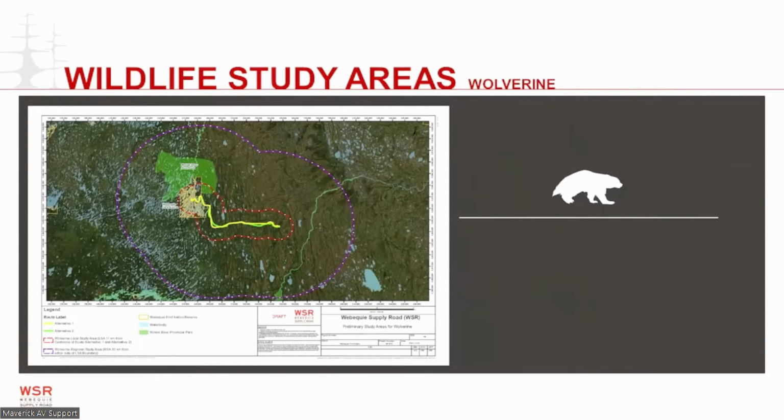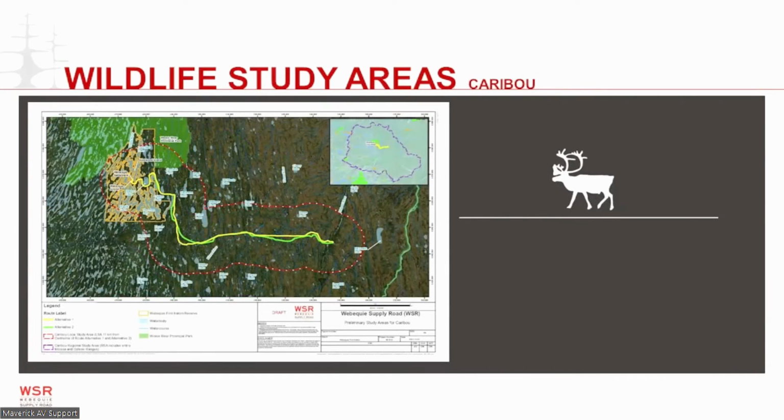As you can see, the 50-kilometer buffer around there is a much larger area. And then finally, the largest study area: you can see the local study area on the actual map, and then the regional study area, which includes two ranges for caribou, in the upper right corner. So it's a much larger area.